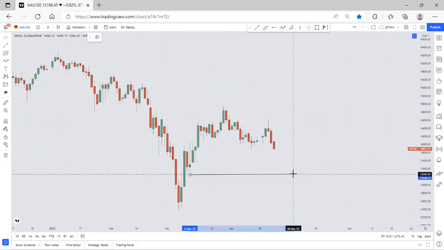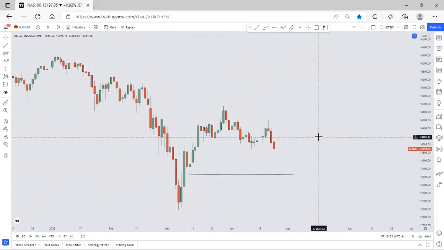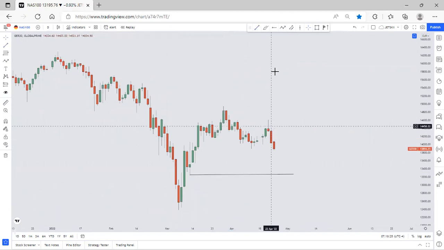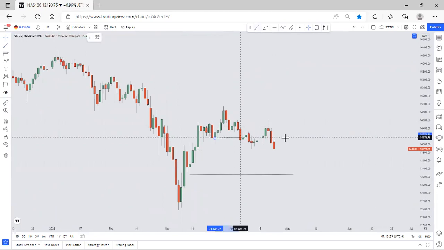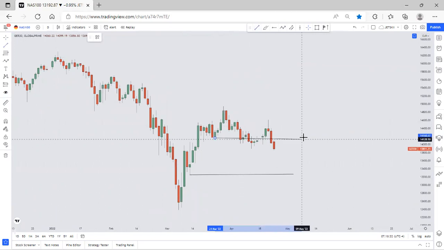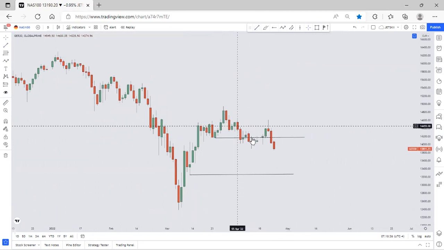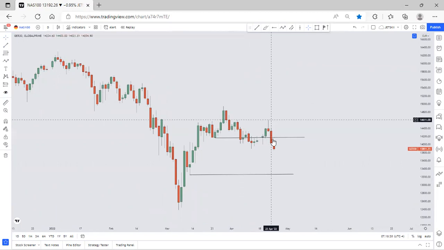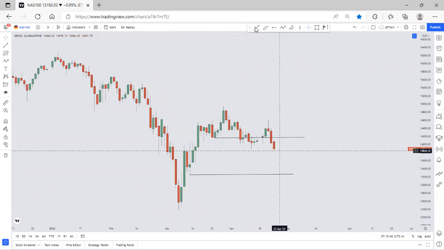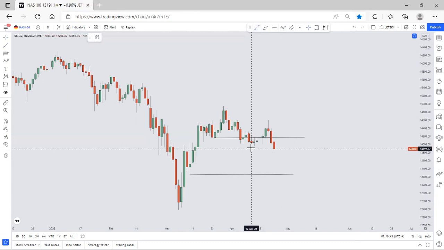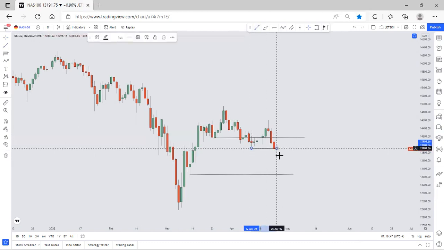I want to see if it can come to that low. Bearish order flow, right? From that bearish zone, actually for today, I wanted to see this market coming here to this low.